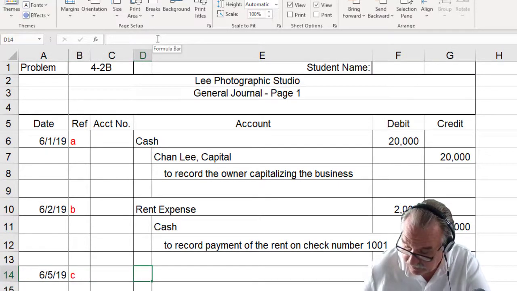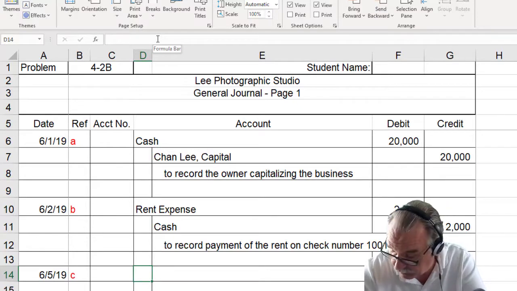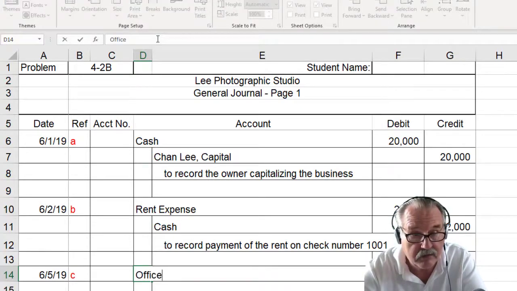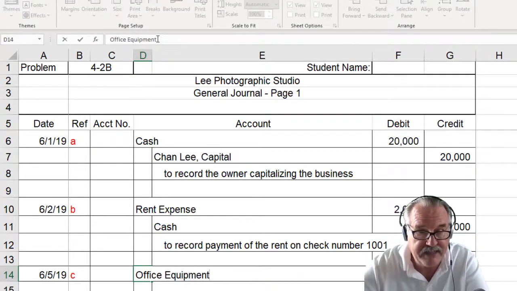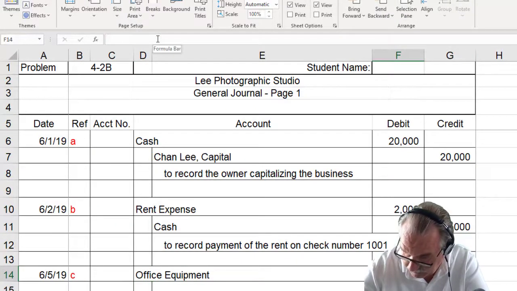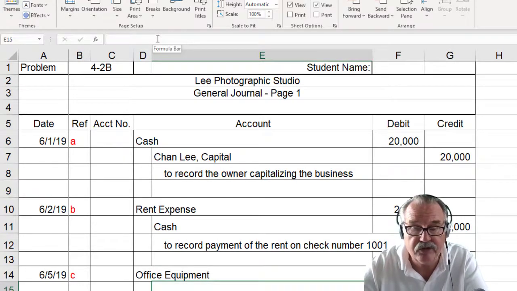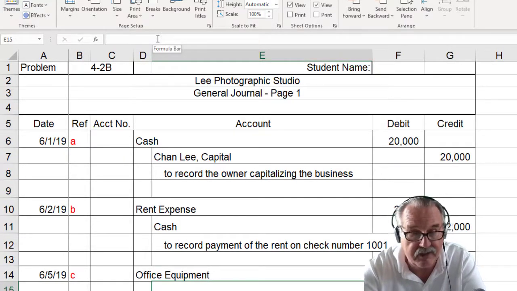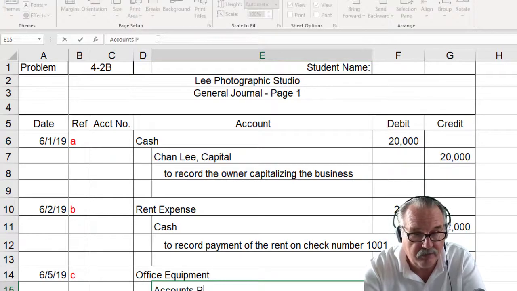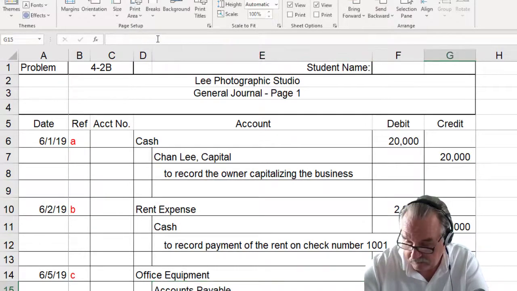And in this case, we have some office equipment. That's a debit. We bought equipment. Equipment is going up. And we're going to pay later. So we have a liability. This is going to go into accounts payable. We didn't pay cash for this equipment.